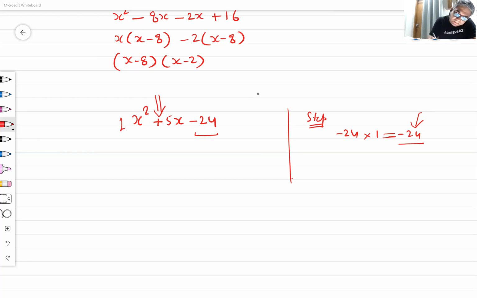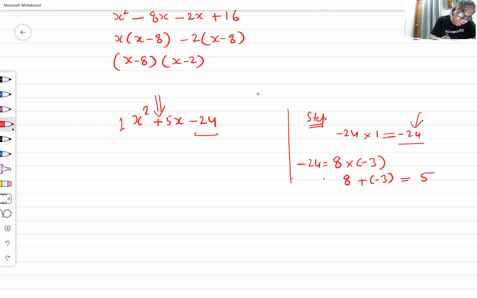Why? Because if my positive is larger and negative is smaller, when I add them, I will get a positive sign. Okay, got my point. So I can write minus 24 as 8 into minus 3. And if I add 8 and minus 3, I will get plus 5.